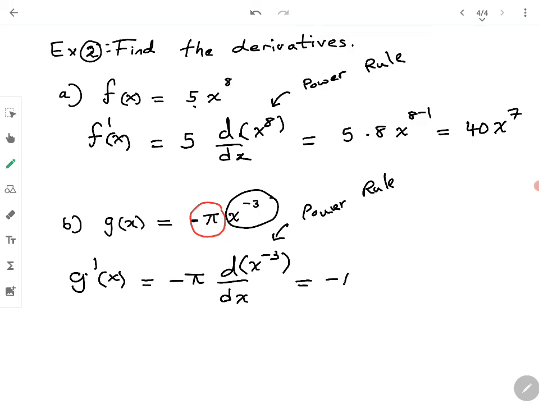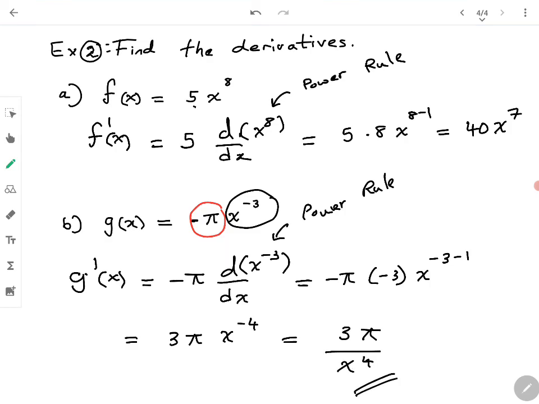So you have negative pi, which is the constant part in front. Now find the derivative of x to the negative 3. So you bring negative 3 in front and subtract 1 from the exponent. And simplify this: negative, negative, positive. So 3 pi x to the negative 4, or you can write it as 3 pi over x to the 4. Okay.